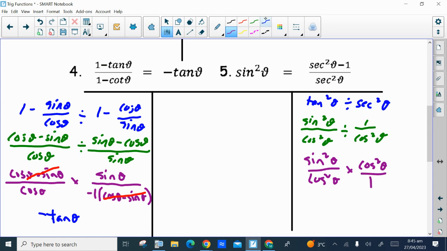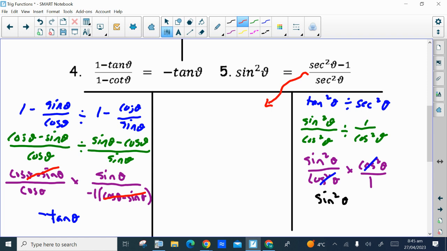The cos squared thetas cancel, and you're left with sine squared theta. So that would be one way to do this. But there are often more than one way to do these ones. So I'm just going to show you an alternate way that we could have done this.